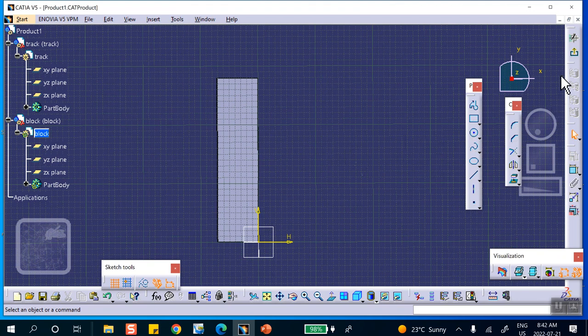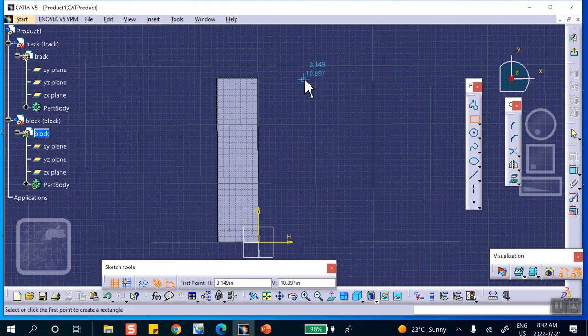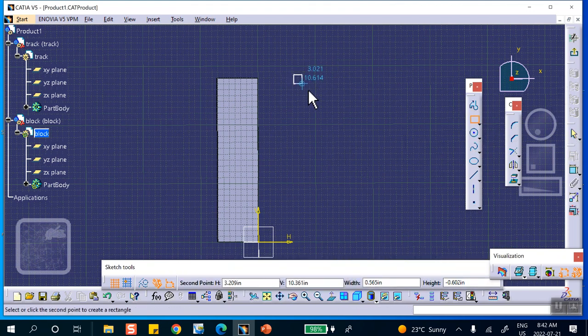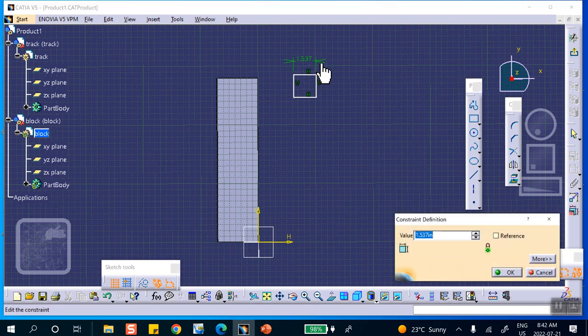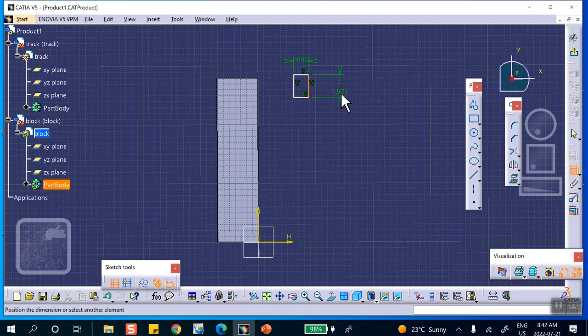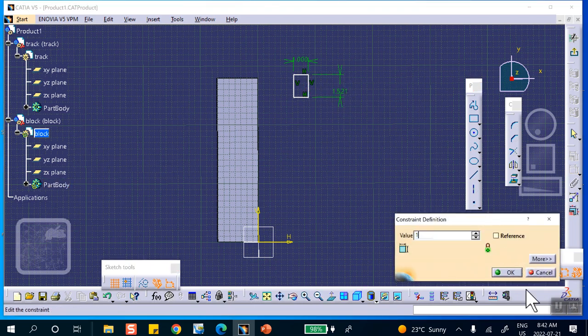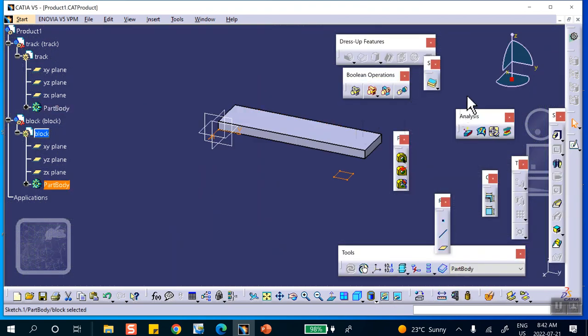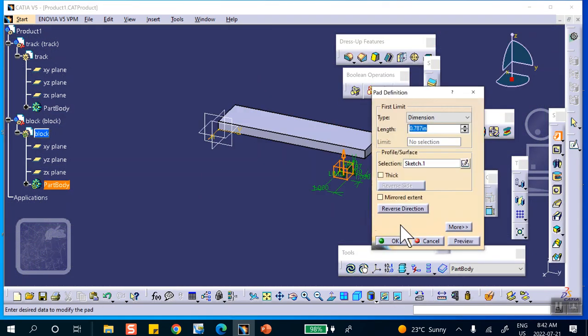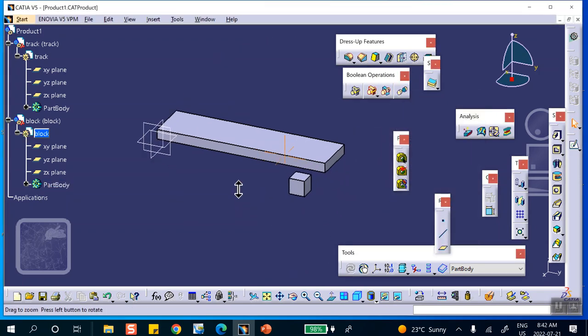Okay. So to draw a rectangle here, we'll fix it in a minute. 1 inch by 1 inch, and I'm going to pad it up by 1 inch. Again, irrelevant. 1 inch. Okay, good.